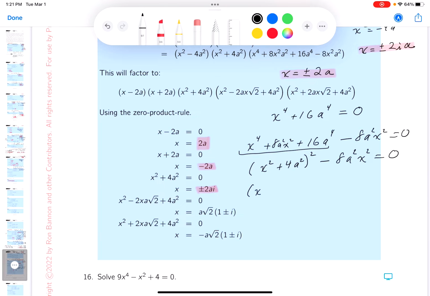So it's x squared plus 4a squared minus root 8 ax. And then what do you get next? You get x squared plus 4a squared plus root 8 ax equals 0.